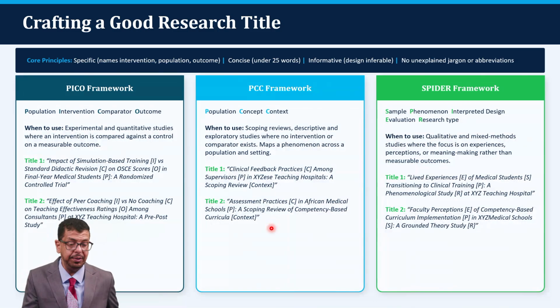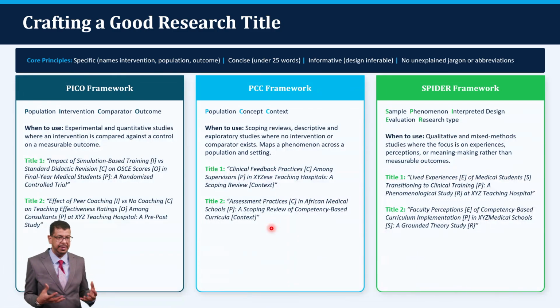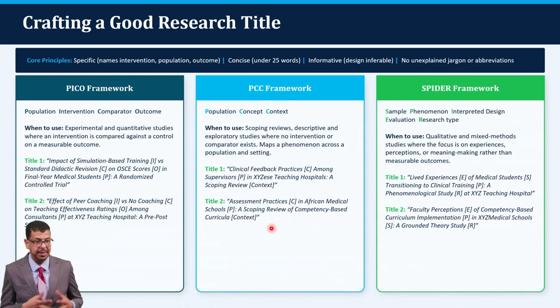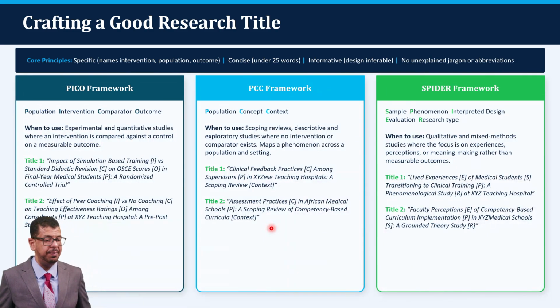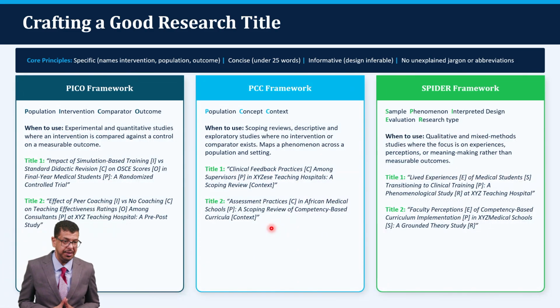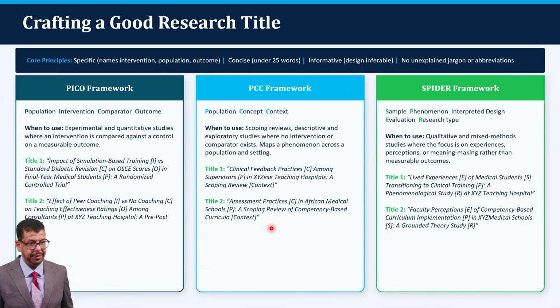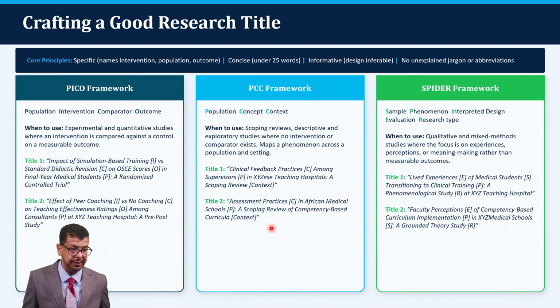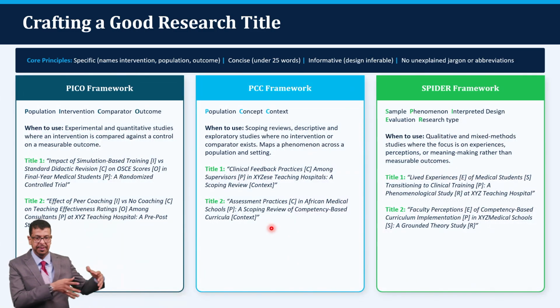For SPIDER, we are using SPIDER for qualitative and mixed methods. An example here: lived experience of medical students transitioning to clinical training, a phenomenological study at XYZ hospital.